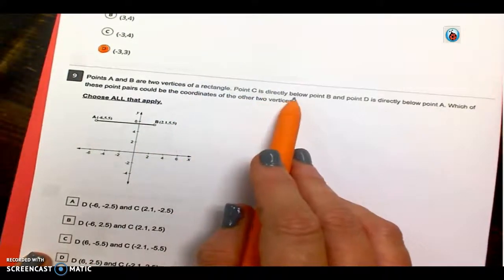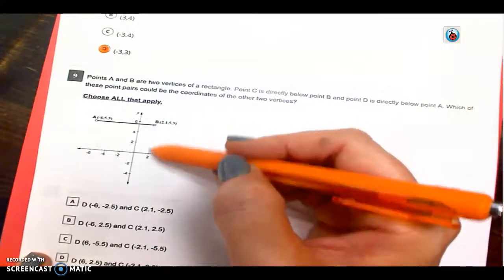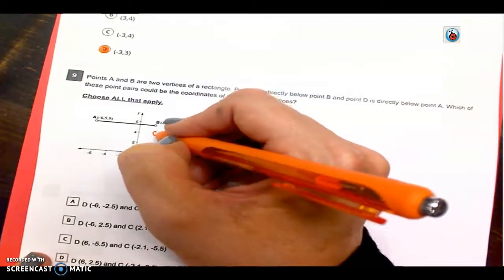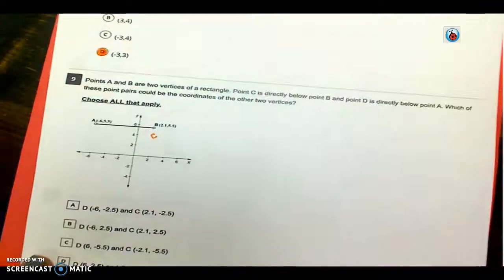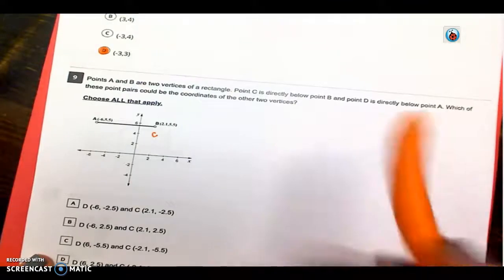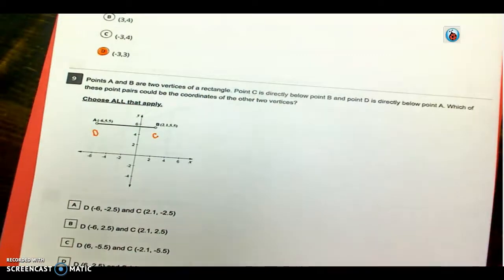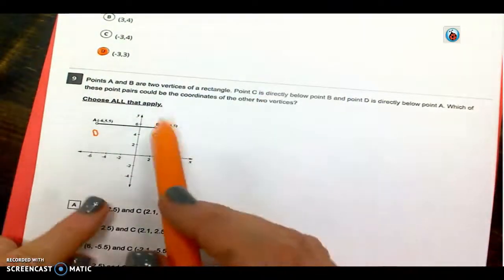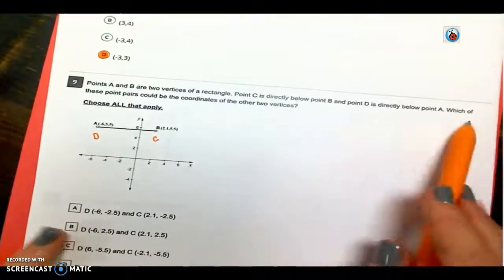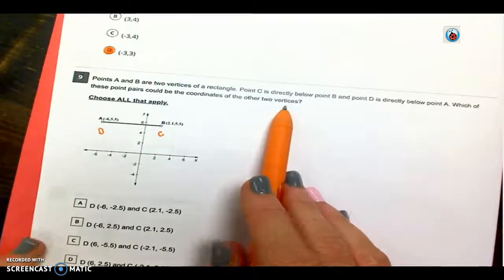Point C is directly below point B. So somewhere in here is going to be point C. All I'm going to do just to get our bearings is we know C has to be somewhere directly below, and then we know that D is directly below point A. Where I'm placing them is not necessarily where they are, but just so we don't get them mixed up with which one is under A and which one is under B. Which of these point pairs could be the coordinates of the other 2 vertices?